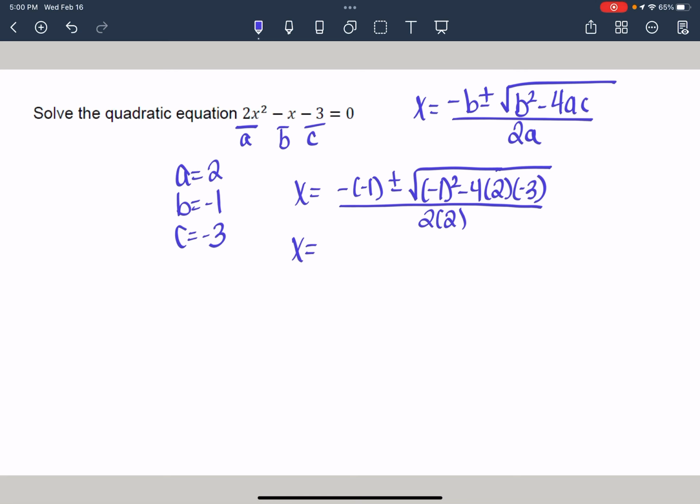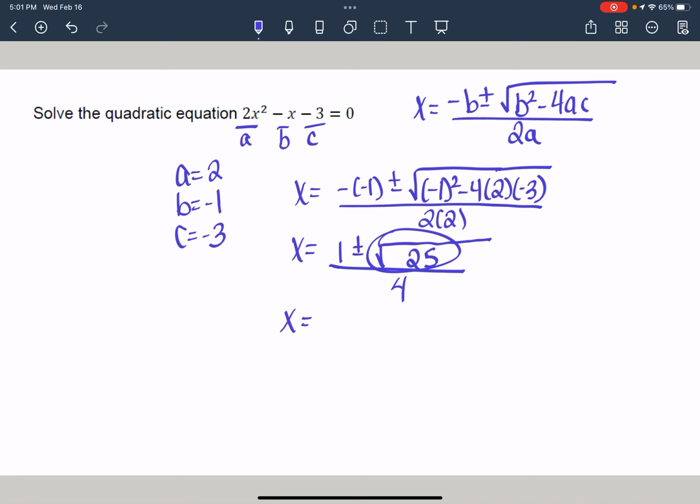So this is x equals negative 1 is 1, plus or minus, and then let's simplify whatever's under the square root. Be careful, remember that negative 1 squared is positive 1. So when you're typing that in your calculator, make sure you put that negative in parentheses. So negative 1 squared minus 4 times 2 times negative 3 is 25, and that's over 4. So when we simplify this, the square root of 25 is a perfect square, so that's 5.